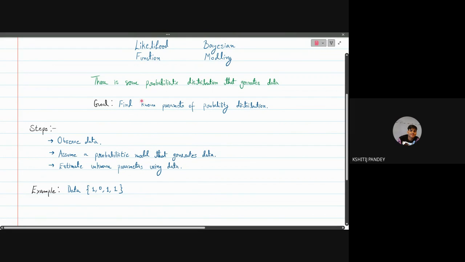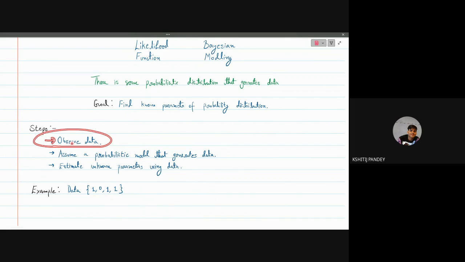Step one is we observe the data, what type of data we have. After that, we assume a probabilistic model, that is, we assume a probability distribution from where our data is getting generated. And after that, we find the unknown parameter of this probabilistic model or probability distribution. So these are the steps involved here.